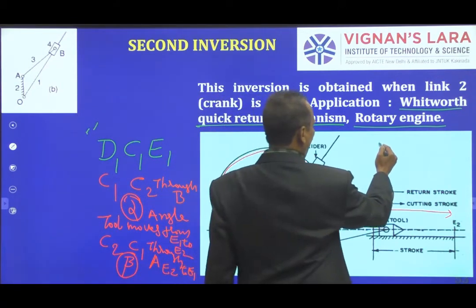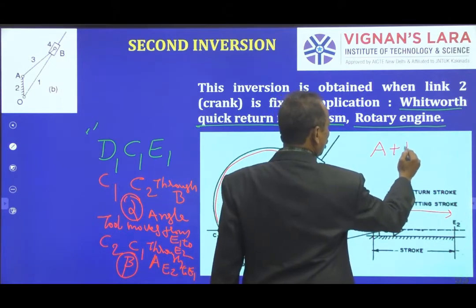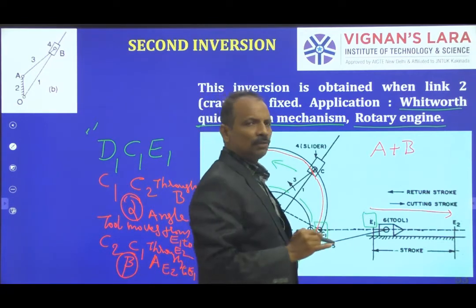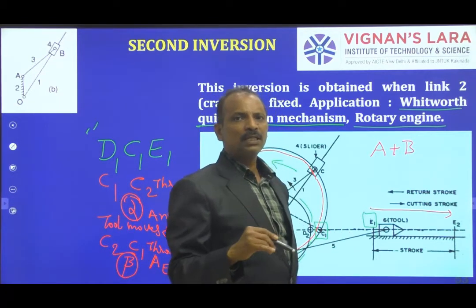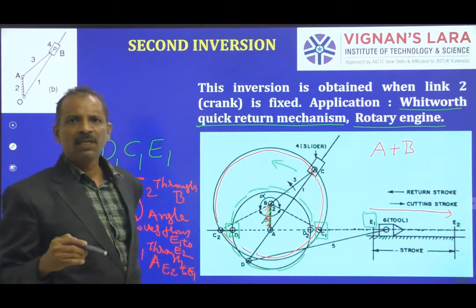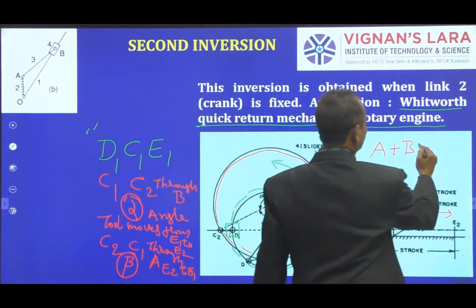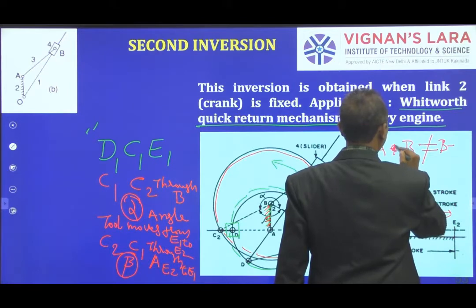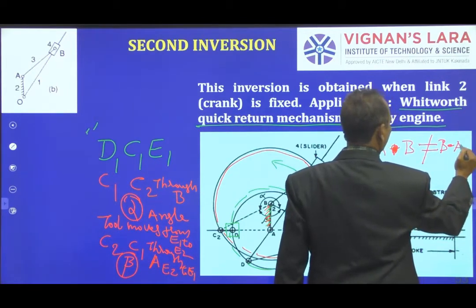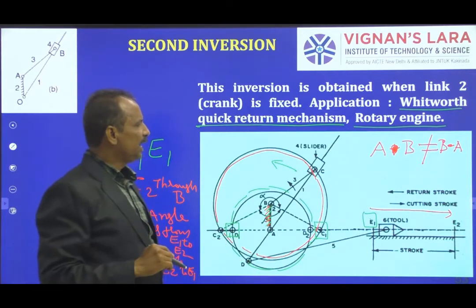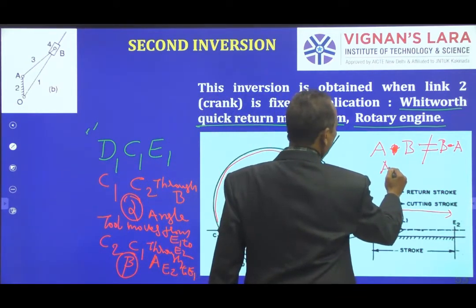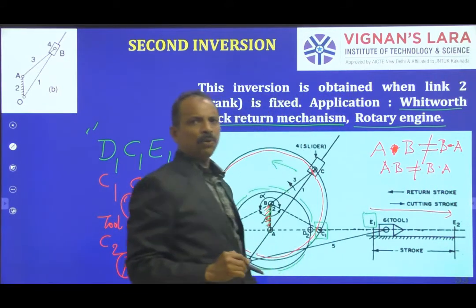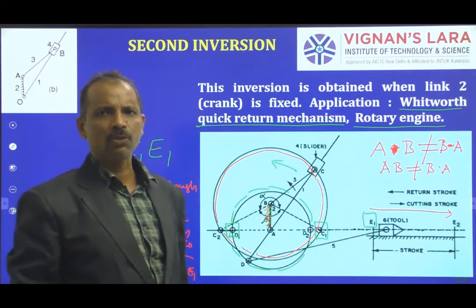Like in your matrices, with simple numbers A plus B gives some value and B plus A gives the same, but in matrices A into B is not equal to B into A, even though A and B and B and A have the same values.